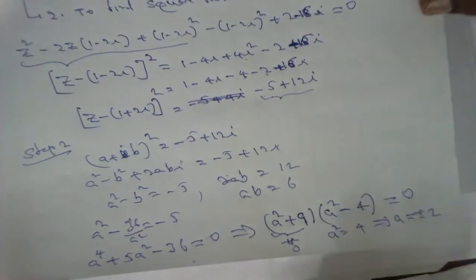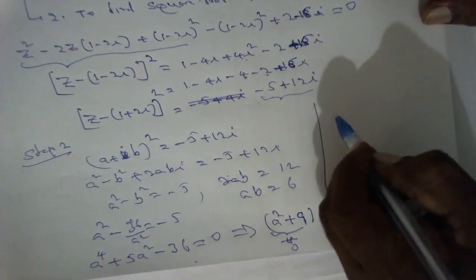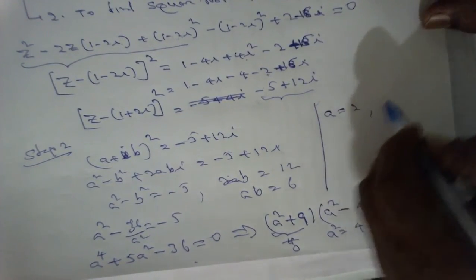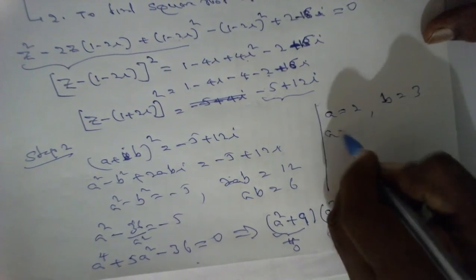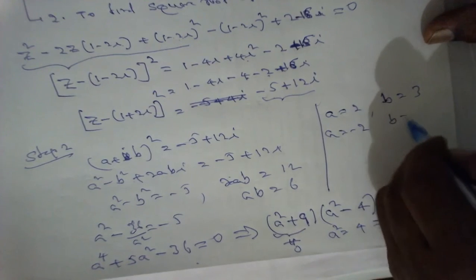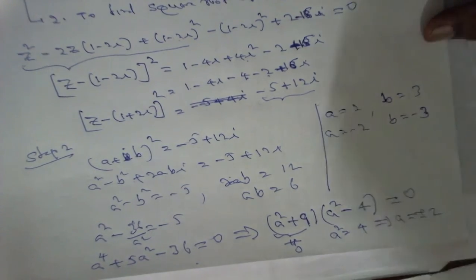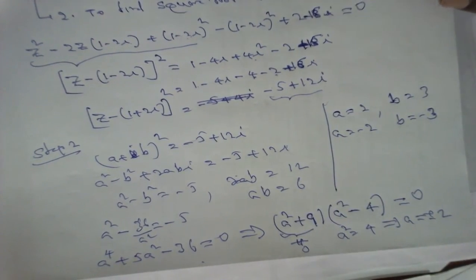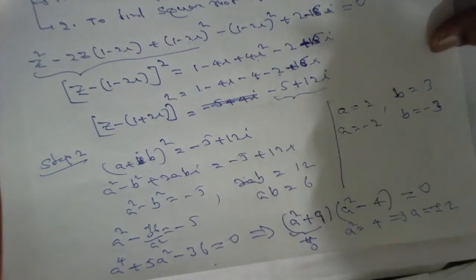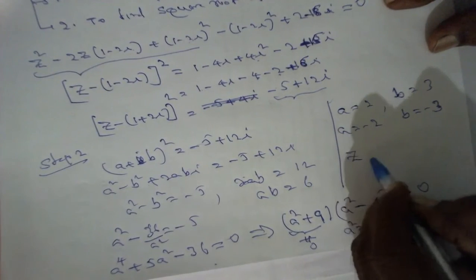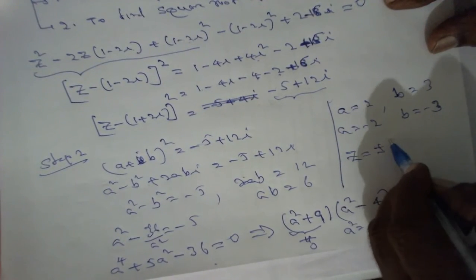Then what are the b values? a equals 2, b equals 3. a equals minus 2, b equals minus 3, because both a and b get similar signs. Then what are the roots?